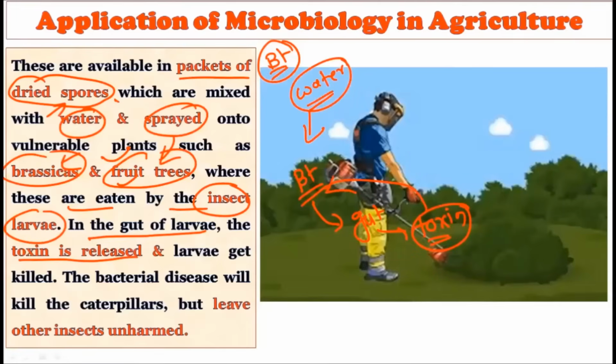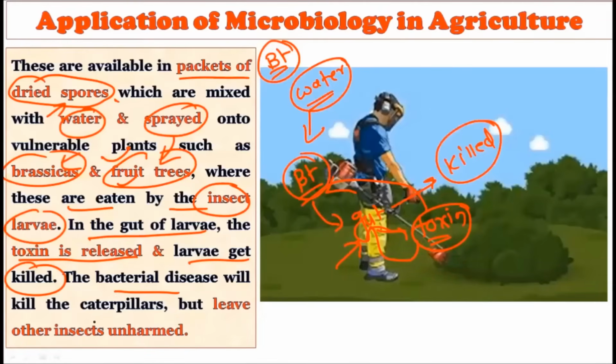So toxins are released in the gut of the larva and the larva gets killed. Why is the larva getting killed? Because it has consumed the spores of Bacillus thuringiensis. Inside its gut a particular type of toxin is produced, and due to this toxin the larva is killed.